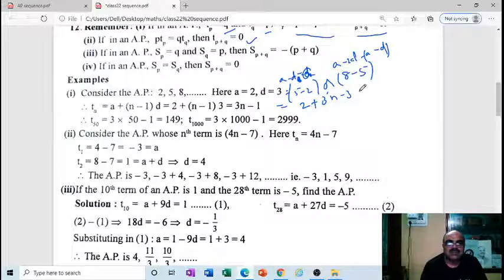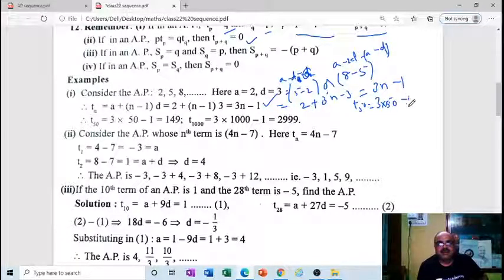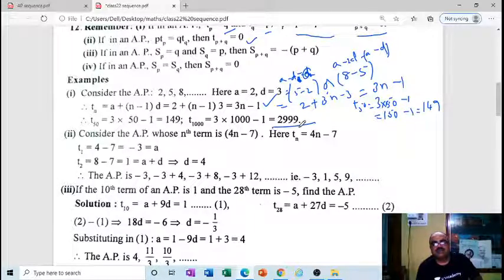So minus 3 plus 2 is minus 1 and then 3n. 3n minus 1 is the nth value. So if I have to find 50th value, T50, what do I do? 3 into 50 minus 1, 150 minus 1 is 149. Similarly, T1000 is 1000 into 3, 3000 minus 1 is 2999.